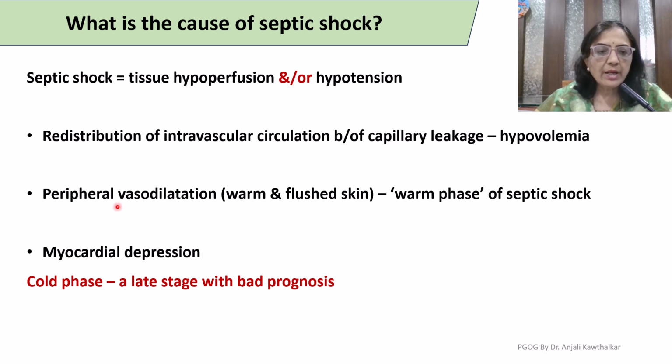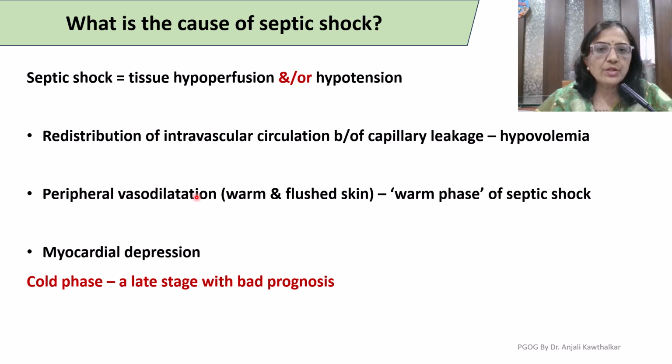Cytokines are released, and there is a peripheral vasodilatation where we find the patient having a warm and flush skin, and then it is called as a warm phase of septic shock. Myocardial depression is also one of the factors which leads to this hypoperfusion or hypotension leading to septic shock.